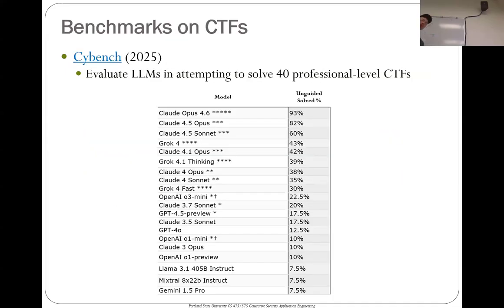This is a benchmark that just got released in December. What they're doing is taking all of these professional grade CTF levels, and seeing whether or not AI agents can go and solve them. And not only agents, but just models given arbitrary tools. It looks like Opus 4.6 is the only real modern one here.